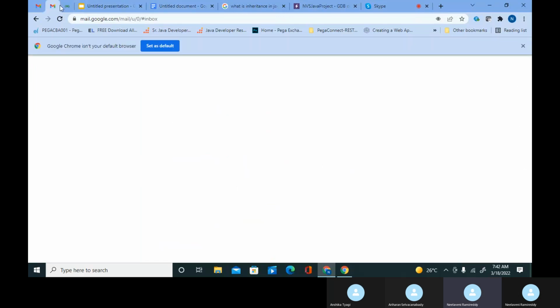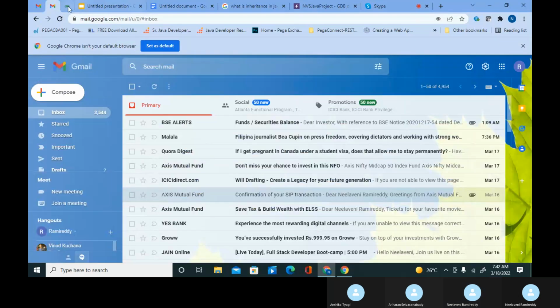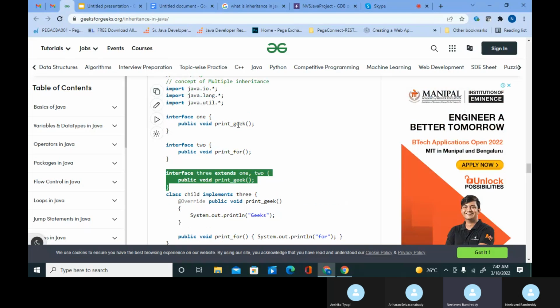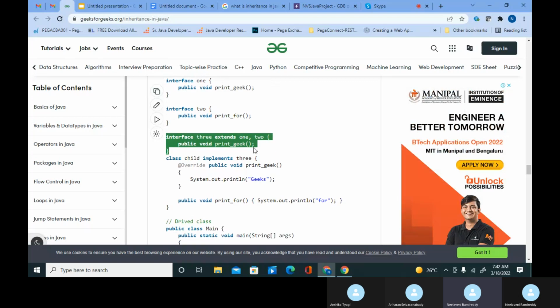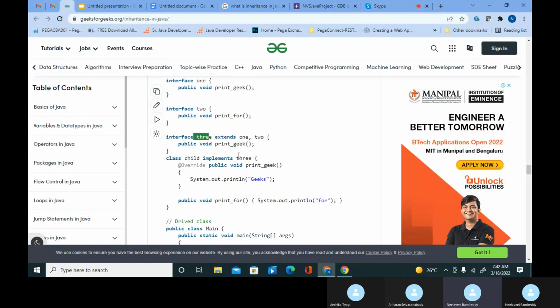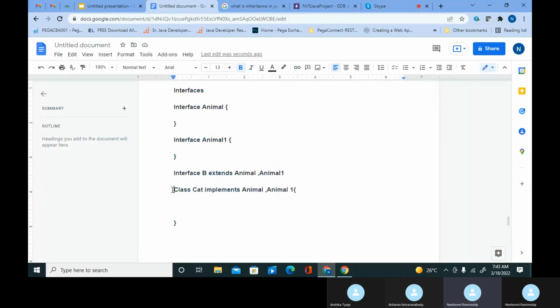See, interface one is there, just print Greek. Interface two, like print for, and we are extending both interfaces in a third interface. This third interface I implement again in a child, but you can do it like this also, no problem. So you can implement animal and animal one in one shot.